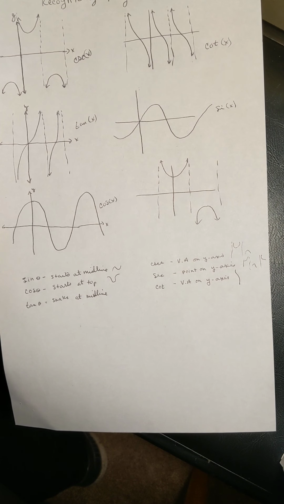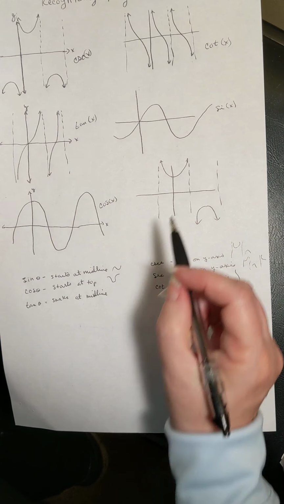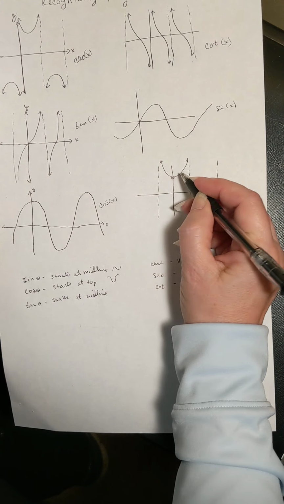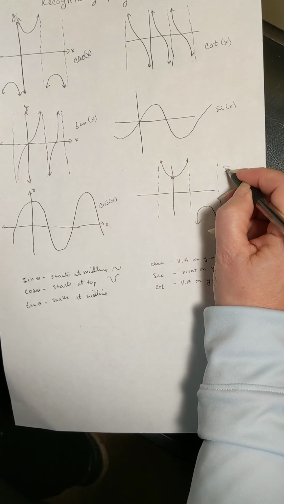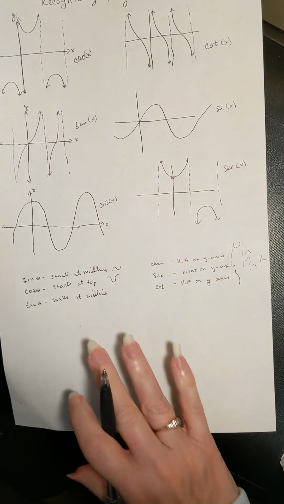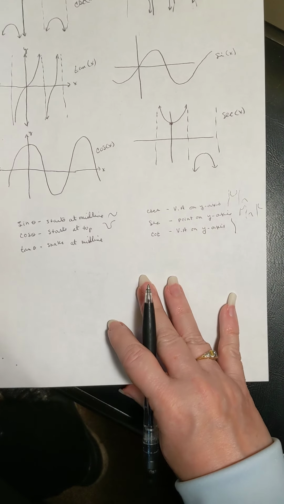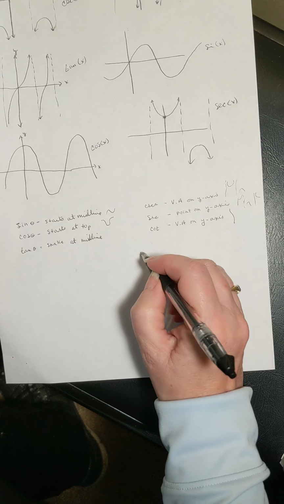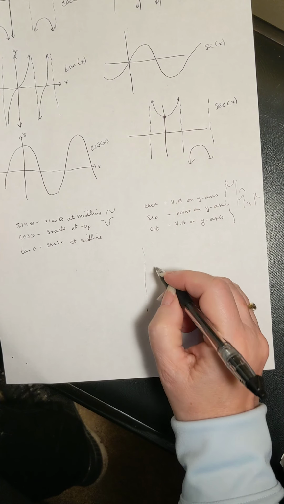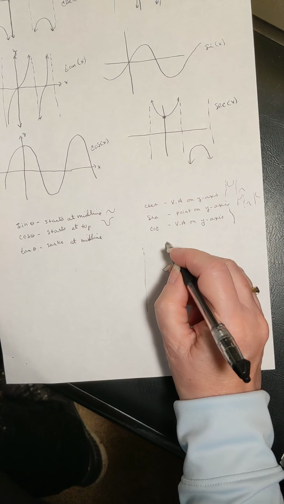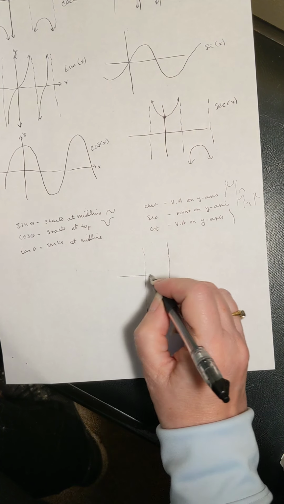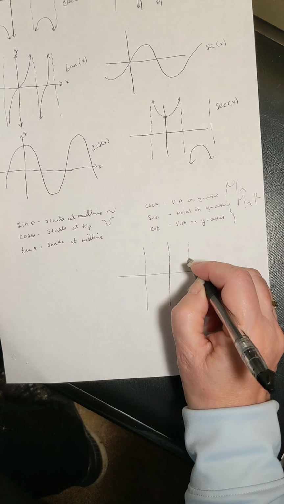And then this one, of course, is the only one that we have left, but it has a point on the y-axis. So that tells you that it is the secant of x. Now, sometimes they do try to trick you. The ones that they usually try to trick you on are the tangent and the cotangent.